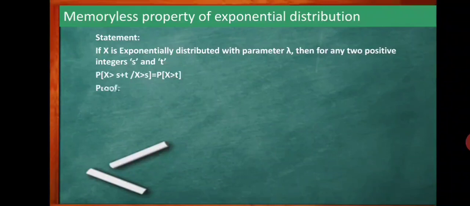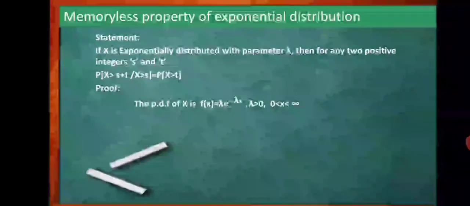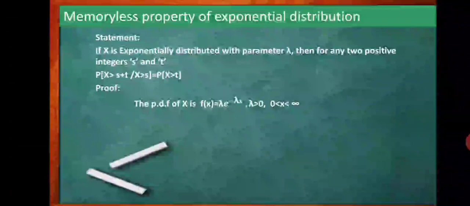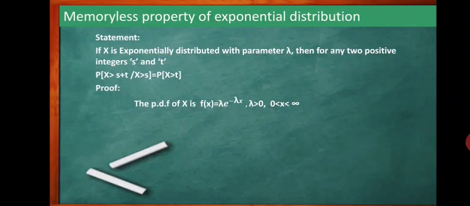To prove this, first we define what is this f of x. Using exponential distribution definition, we are writing this PDF of x is f of x equal to lambda e power minus lambda x. Now, we are going to define what is this probability of x greater than k. For example, instead of t or s, I am choosing this k first.